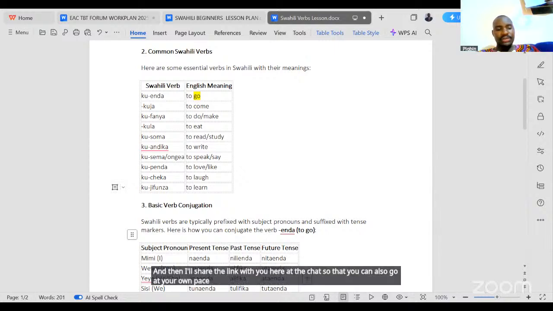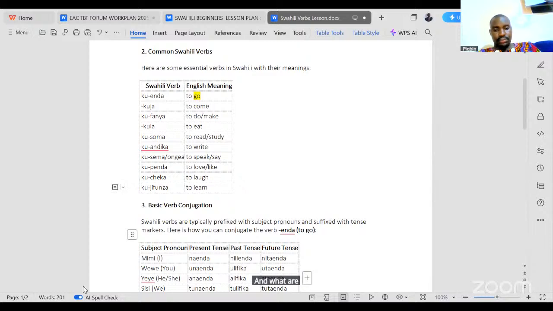We have over 200 verbs in Swahili there. So permit me to share my screen.